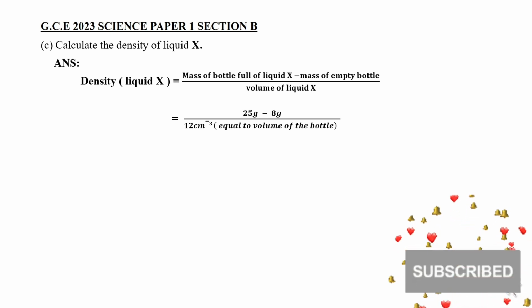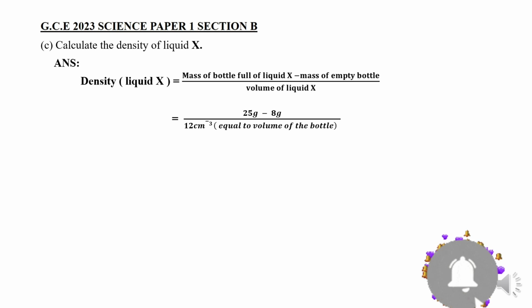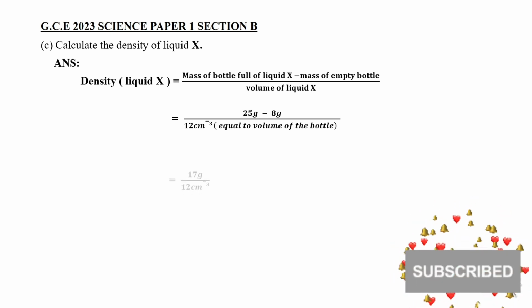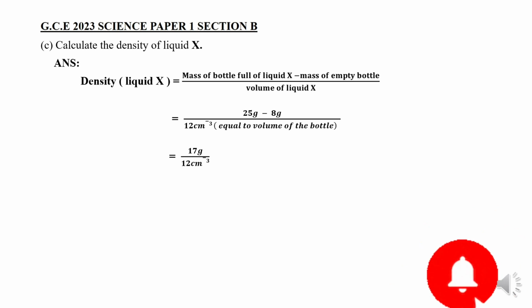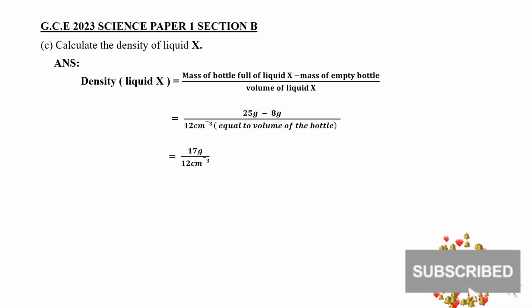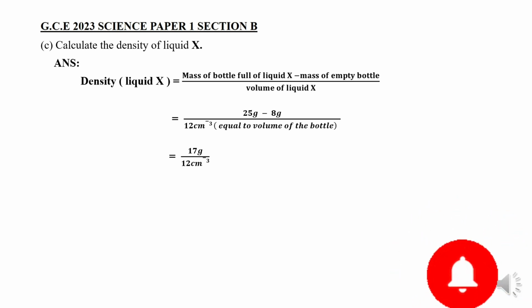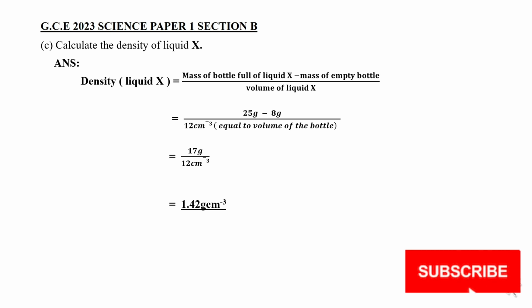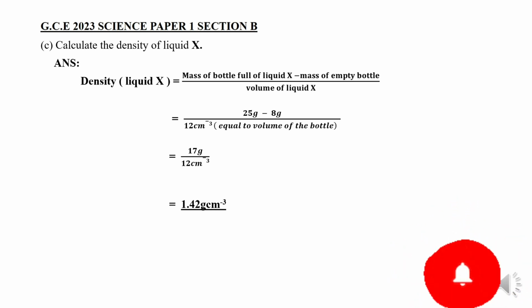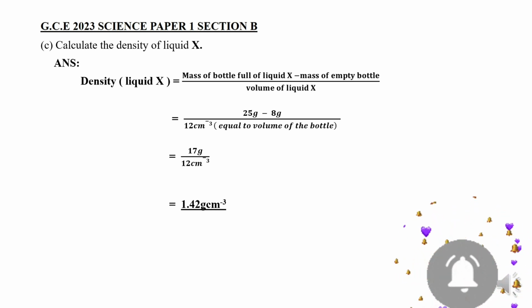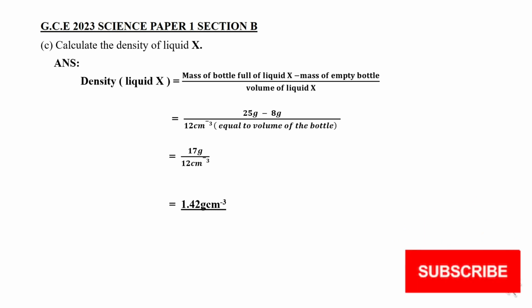That 12 cubic centimeters is the volume of the bottle which we calculated. So this is going to give us 17 grams divided by 12 cubic centimeters. When divided further, you are going to have 1.42 grams per cubic centimeter. So basically that is the density of liquid X.